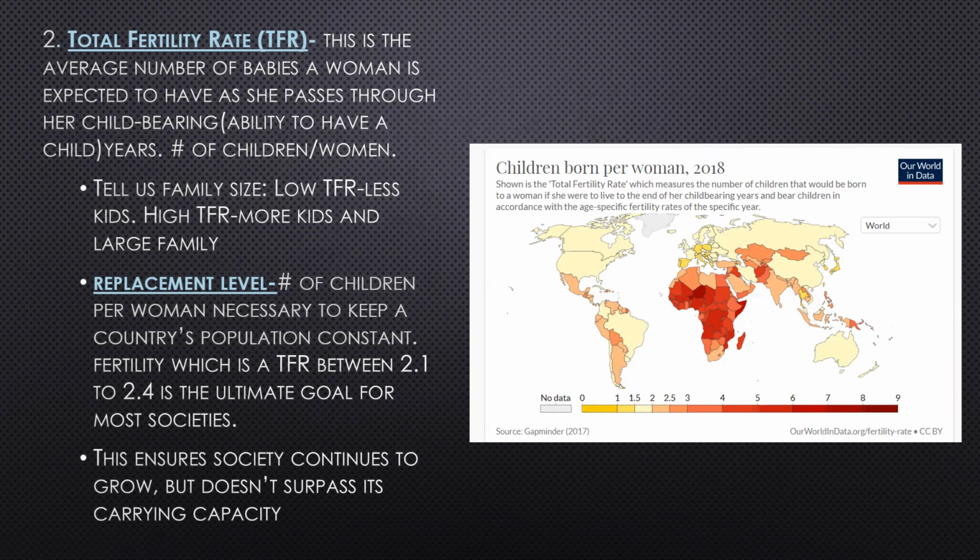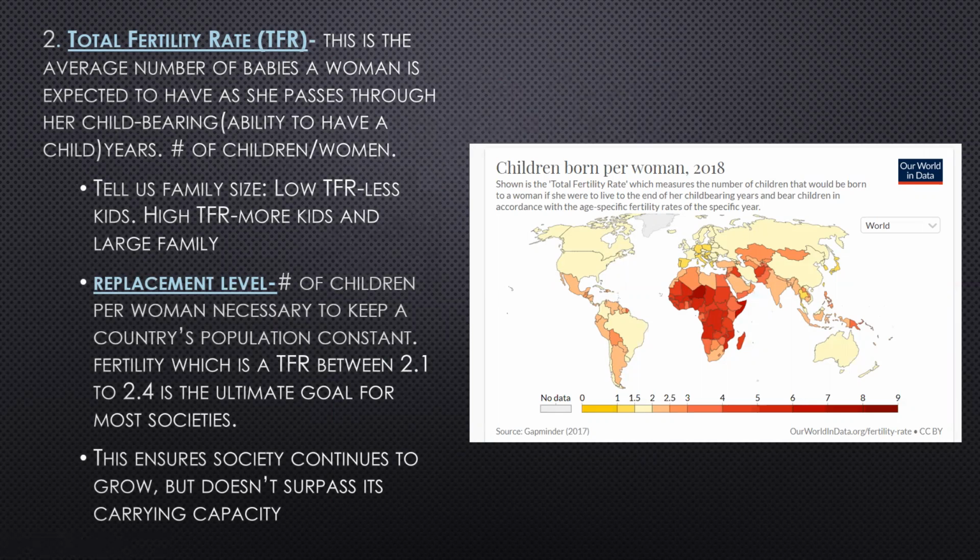The world as a whole in 2018, the TFR was about 2.5. In Sub-Saharan Africa, some countries it's 5 or more, and in Europe and most of the developed countries it was 2 or less, and that's because of better education and increased job opportunities. So TFR leads us to something called the replacement level.